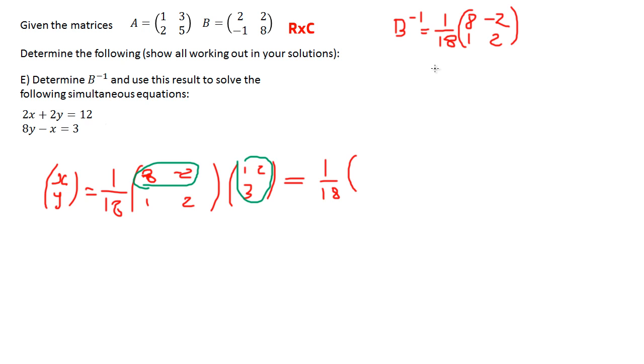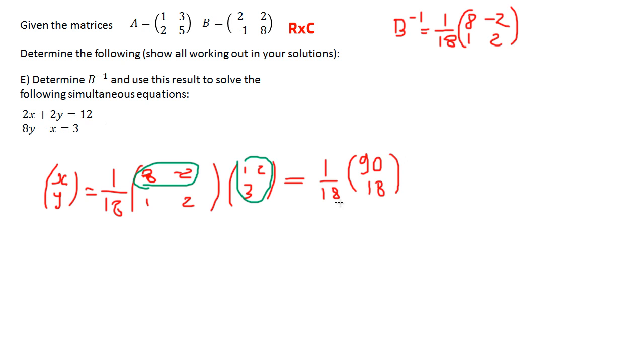So 8 times 12 plus minus 2 times 3 will be 90. Now 1 times 12 is 12, 2 times 3 is 6, 12 plus 6 is 18.